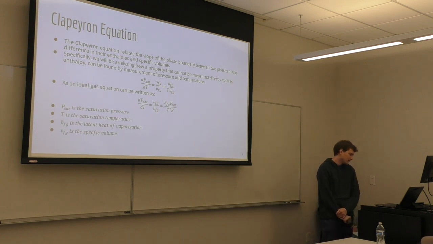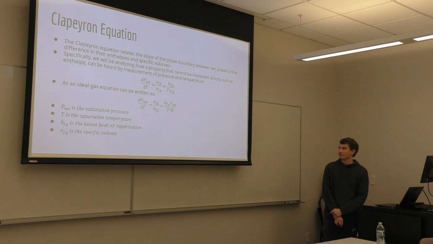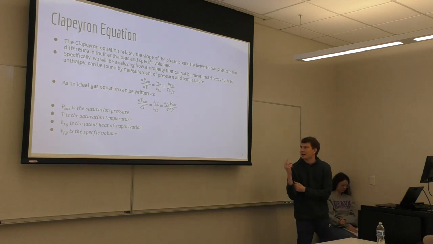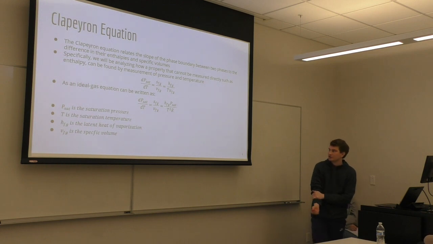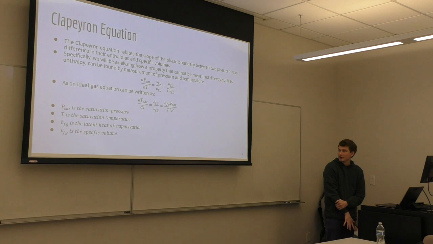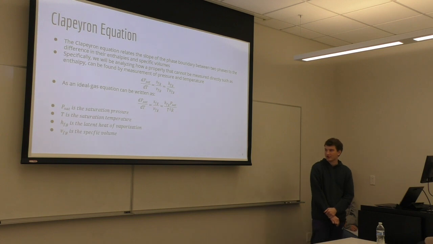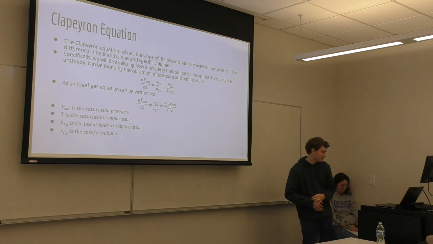Specifically, we'll be analyzing how a property that cannot be measured, such as enthalpy, can be directly found by the measurement of pressure and temperature. So here we have two derived equations, one specifically derived from the ideal gas law. We have saturation pressure, saturation temperature, latent heat of vaporization, and specific volume.